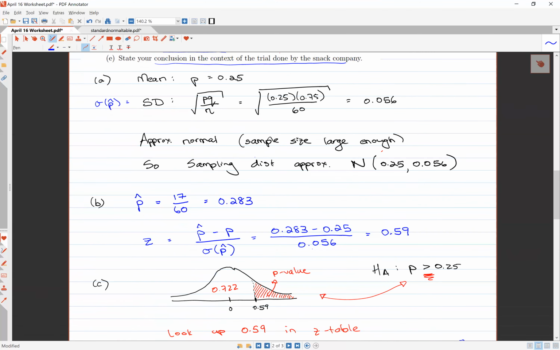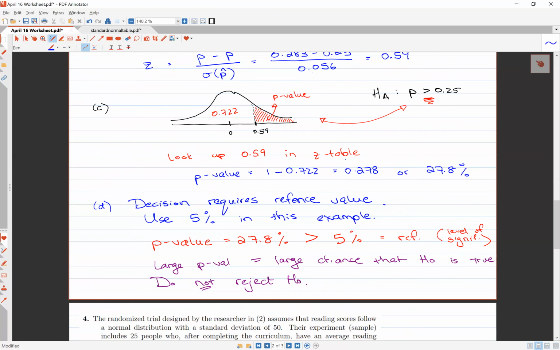It's not greater than 25%. So we conclude that 25% of customers like the prune bar.